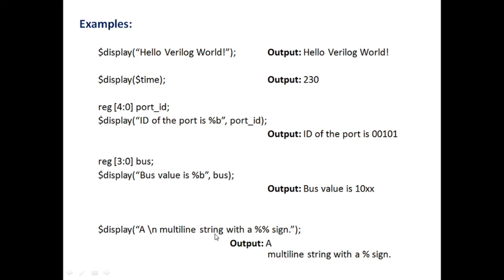So backslash n means the next line. I am going to see the data in the next line after a multi-line string with a percentile sign. So first a will be printed as output, after it a new line, multi-line string with a percentile sign. This is how we use the format specifier in $display.